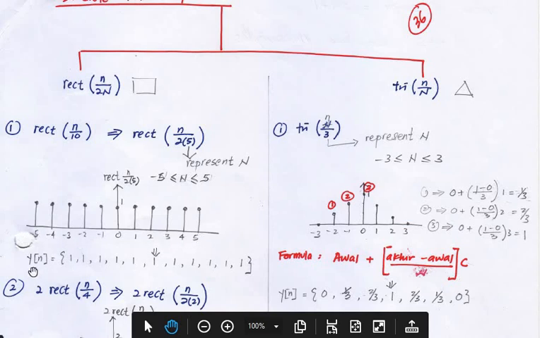And if you write it as a numeric sequence, you will have 1, 1, 1, 1, 1, 1, because the rectangular amplitude is 1, from negative 5 to 5. So you have negative 1, 2, 3, negative 4, negative 5, positive 1, 2, 3, 4, 5. So this is rectangular n over 10.